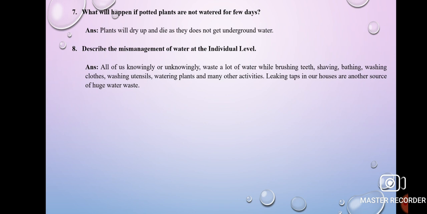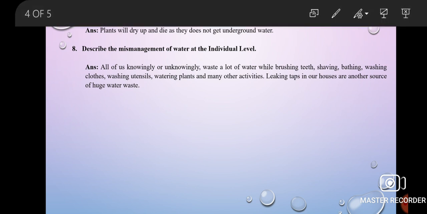Then during our bath, we keep the showers open, that causes a huge loss of water. Then washing clothes, washing utensils, watering plants, we keep the tap open, and most of the time we find that there are leaking taps in our house. So these are all the reasons of huge water waste.